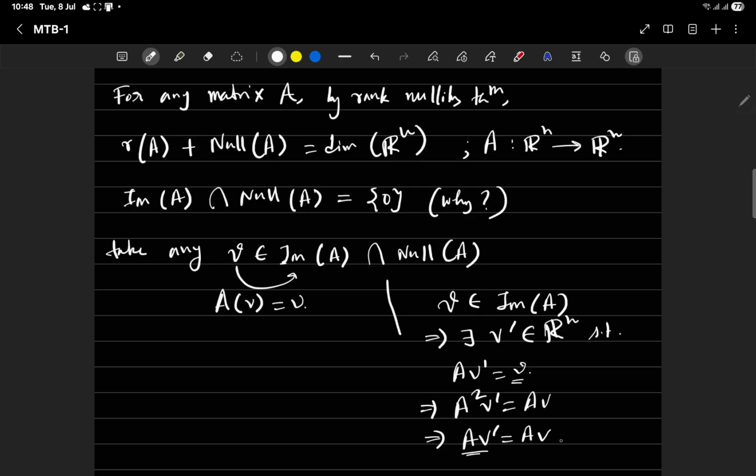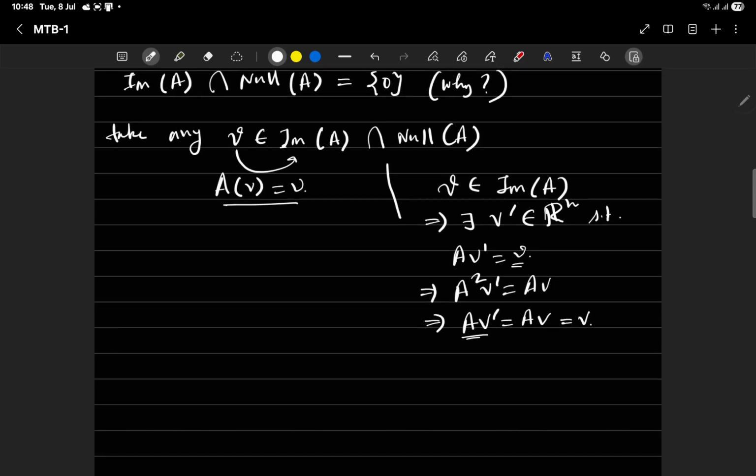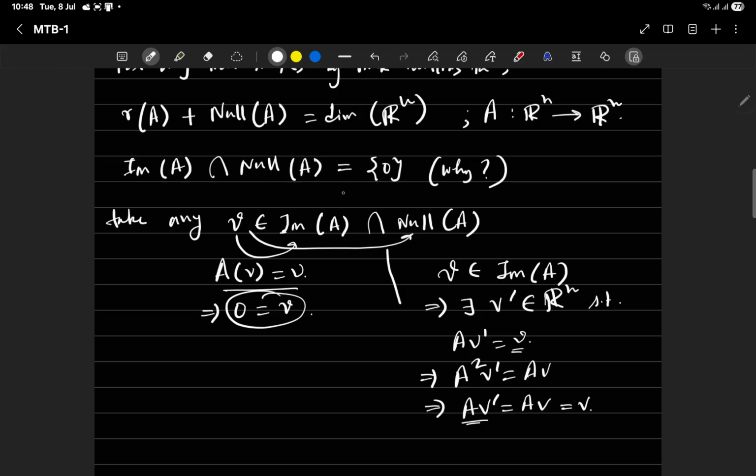AV dash equal to V, so AV equal to V. That we have written. Okay, nice. Now again, as V is in the null space, AV equal to 0, so that gives V equal to 0. That means the only vector in the intersection is V equal to 0, so the intersection is 0. Okay, so that is the whole follow along.